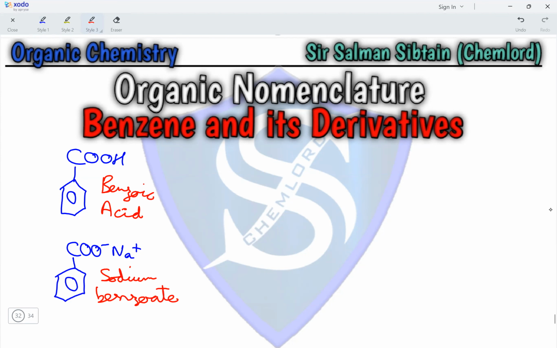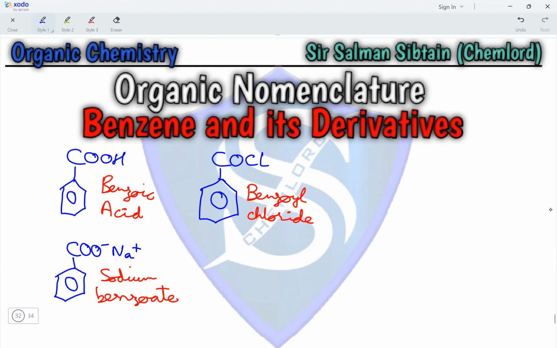Another compound is COCl, which is the acyl chloride group attached to the benzene molecule, and the name of this compound becomes benzoyl chloride.